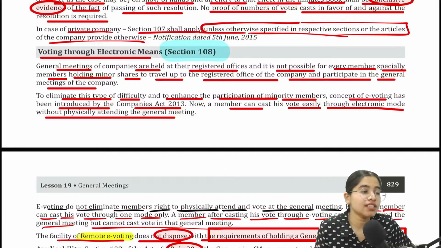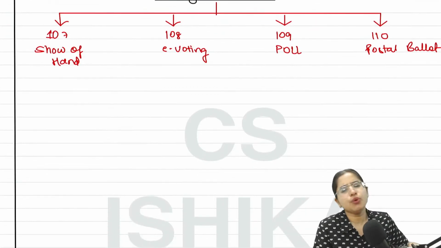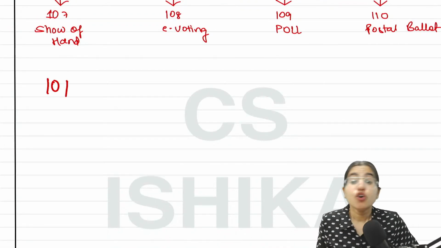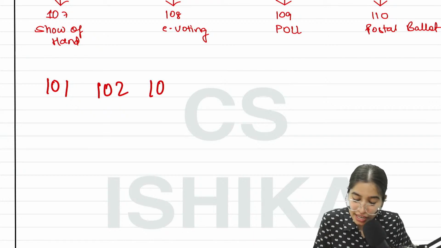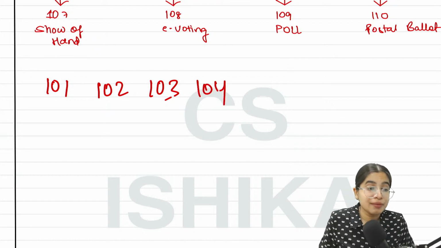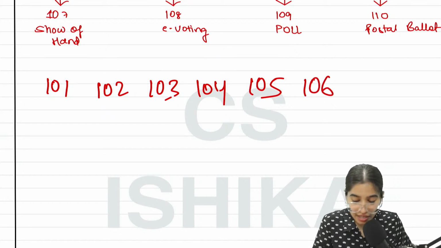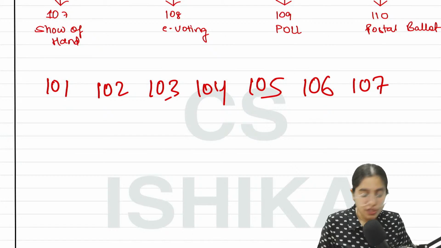The next section is 108. Before going to the next section, I want to tell you one small point. We studied section 101 notice, section 102 explanatory statement, section 103 quorum, section 104 chairman, section 105 proxy, 106 restriction on voting right, 107 voting by show of hand.